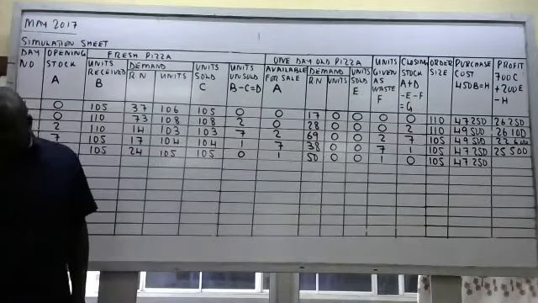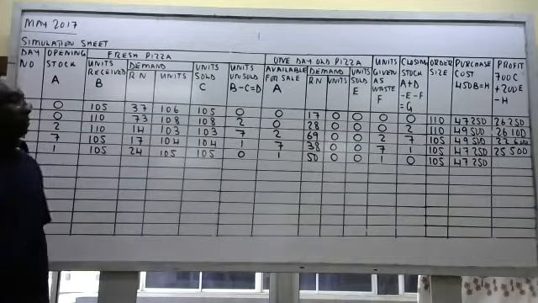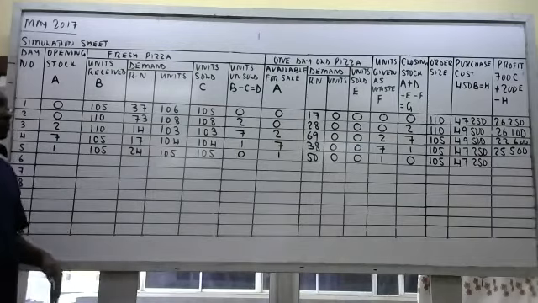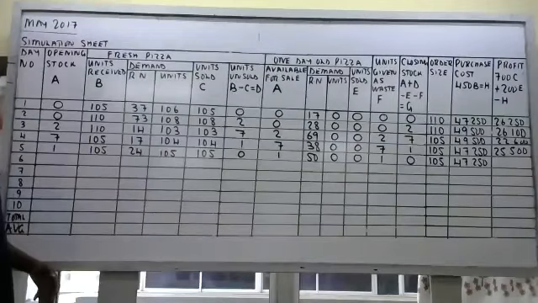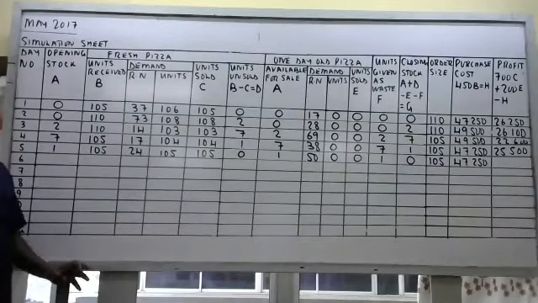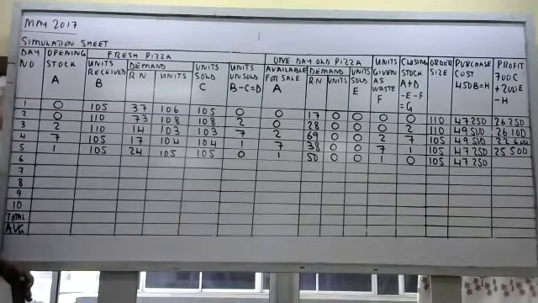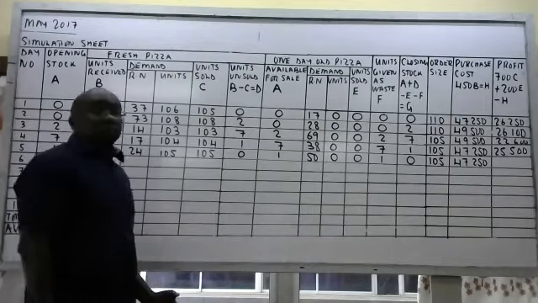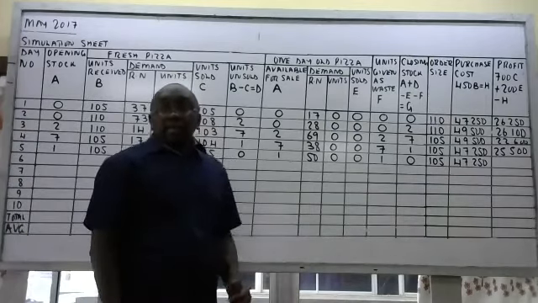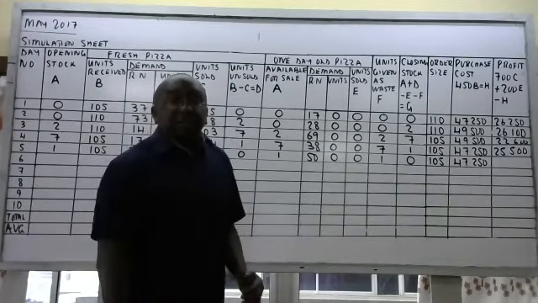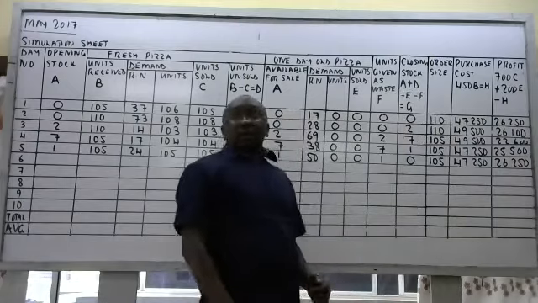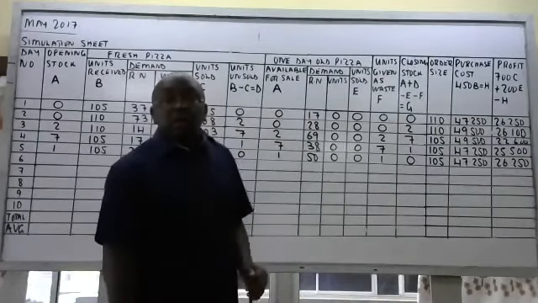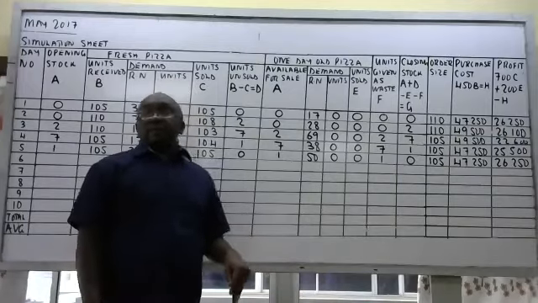So work out the profits. Here's Ivarin, 26,250. Confirmed? Okay.